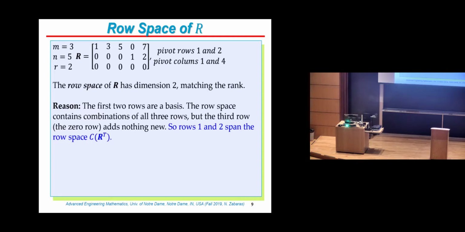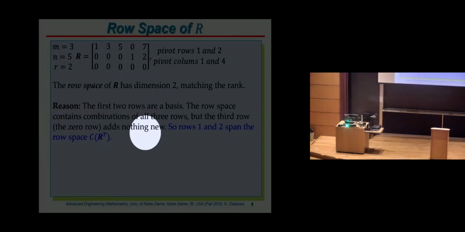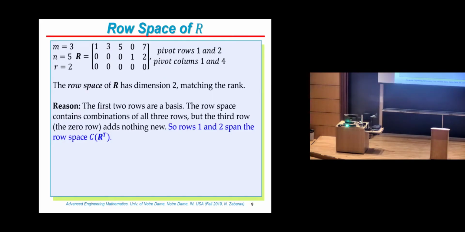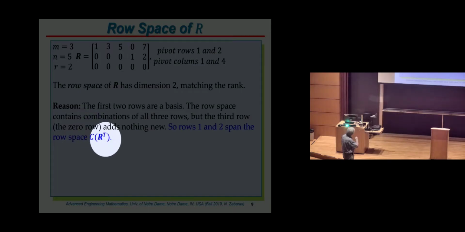Now, will you agree basically that the first 2 rows form the basis of the row space? Can somebody give me an argument, just looking at the first 2 rows, and convince me that they're independent of each other, and as such, they span the row space, which we denote C of R transpose.